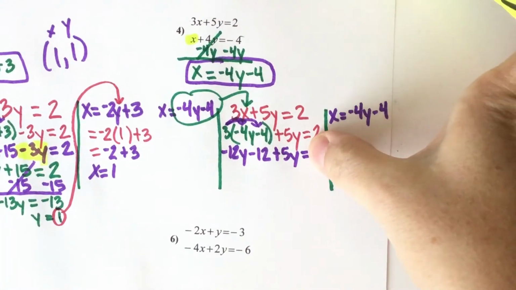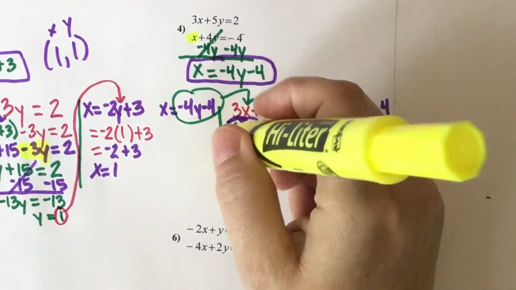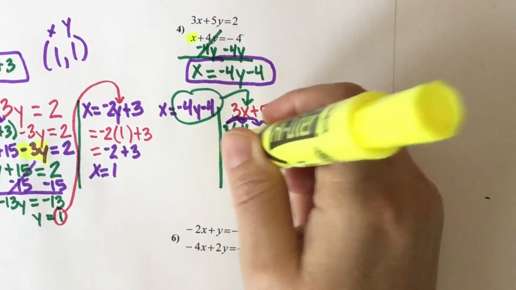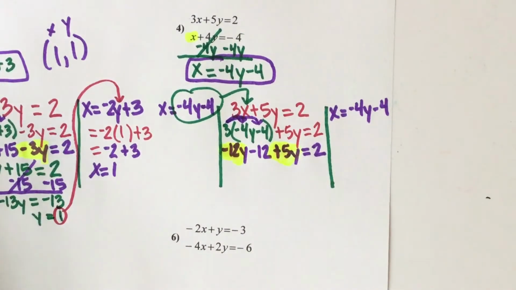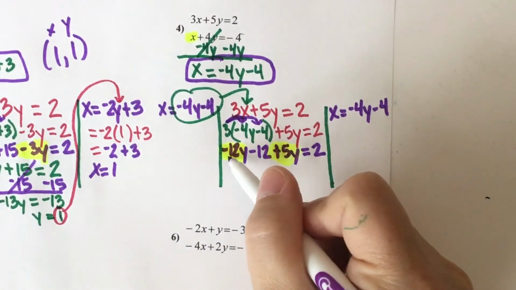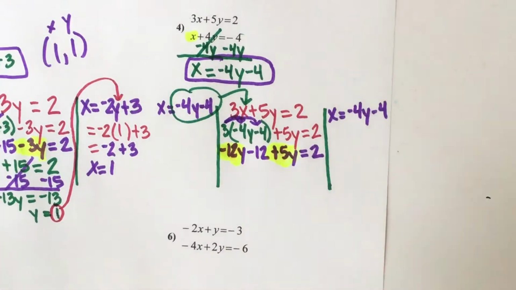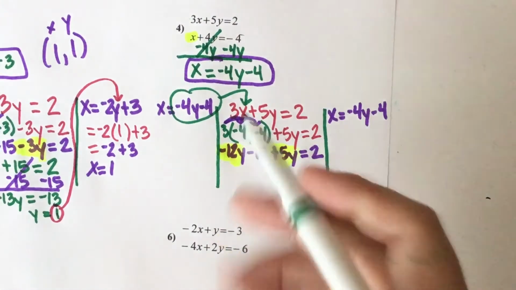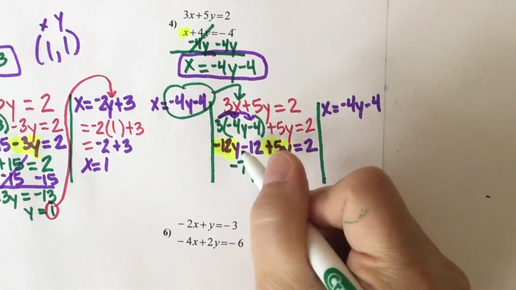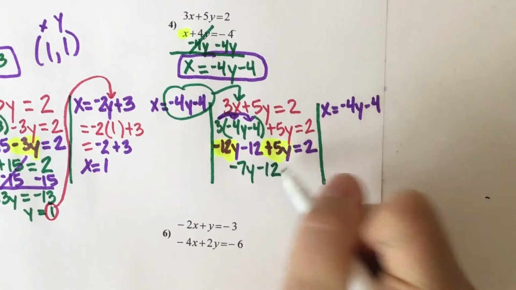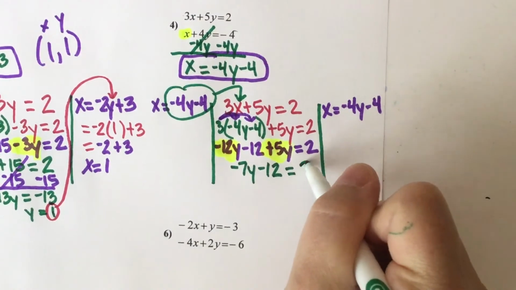And I do have like terms on the left. So I'm going to just combine them up. Don't try moving them, just combine them. Okay, so negative 12y plus 5y makes a negative 7y. I'm going to bring down the minus 12, and I'm going to bring down the equals 2.